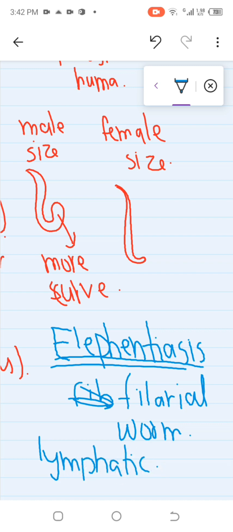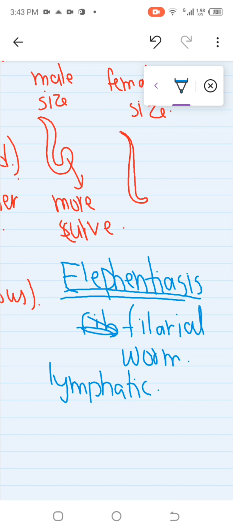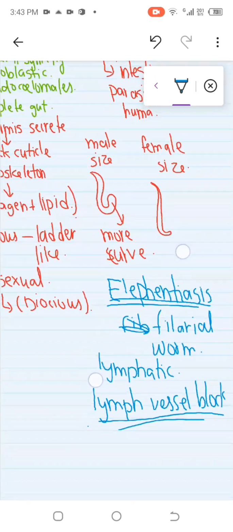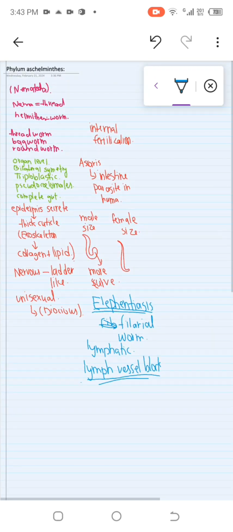They block the lymph vessel, or there is inflammation in the lymph vessel. When the lymph vessel is blocked, the lymph is not able to go to different cells. So there is a problem in the lymphatic system. I hope this phylum Aschelminthes is clear to you guys.